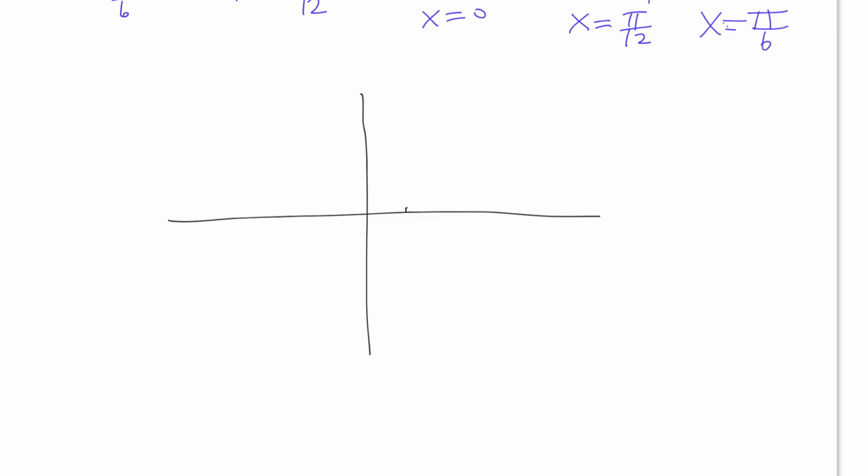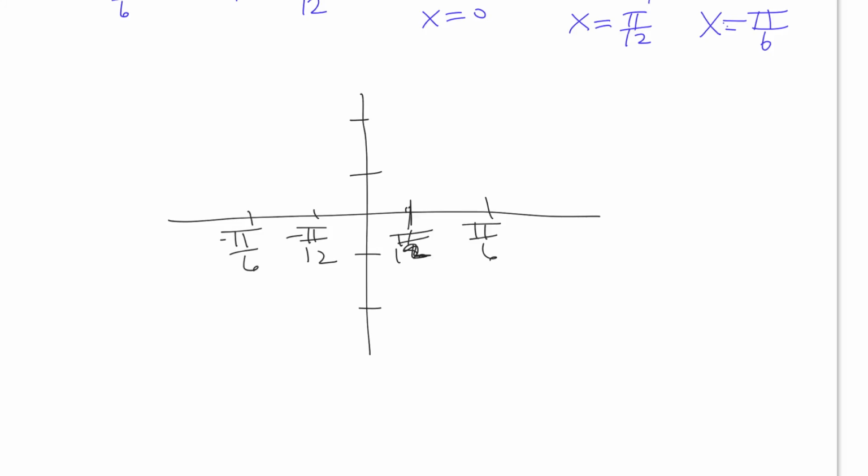So we have here pi over 12. Oops, that should be a 12. Here's pi over 6, negative pi over 12, and pi over 6, negative pi over 6. And we're going up to 2 and down to negative 2.